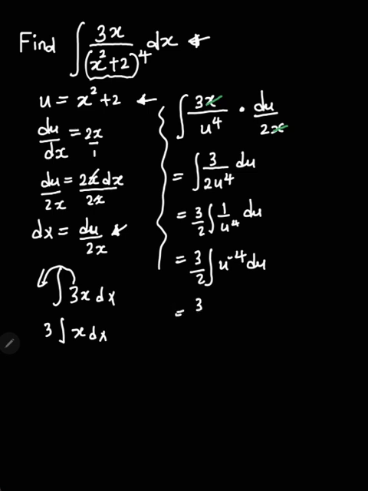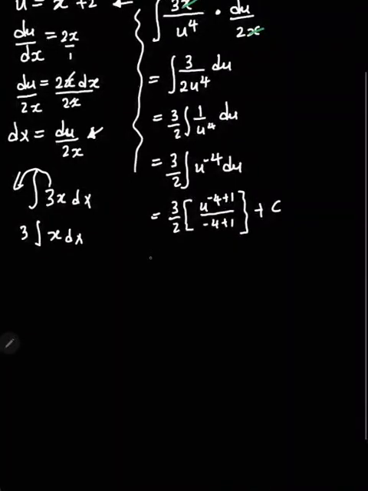Then let's apply the power rule. This will be 3 over 2 multiplied by, so how do you integrate this one? You increase the power by 1, then you divide by the new power. So it will be u to the power negative 4 plus 1, divided by negative 4 plus 1, but don't forget to add c there.